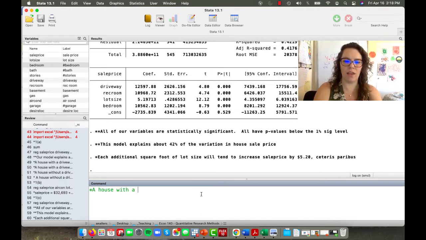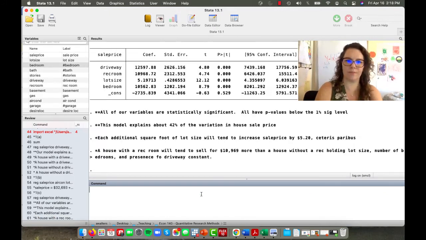A house with a rec room will tend to sell for $10,969 more than a house without a rec room, holding lot size, number of bedrooms, and presence of driveway constant. So far, so good? So that's the first part.